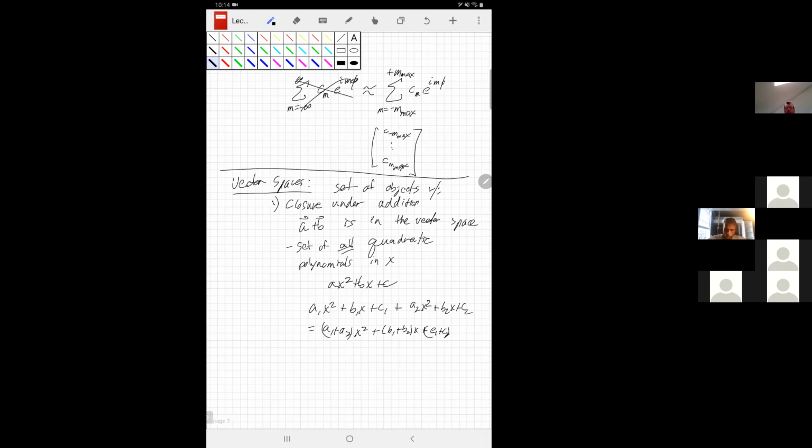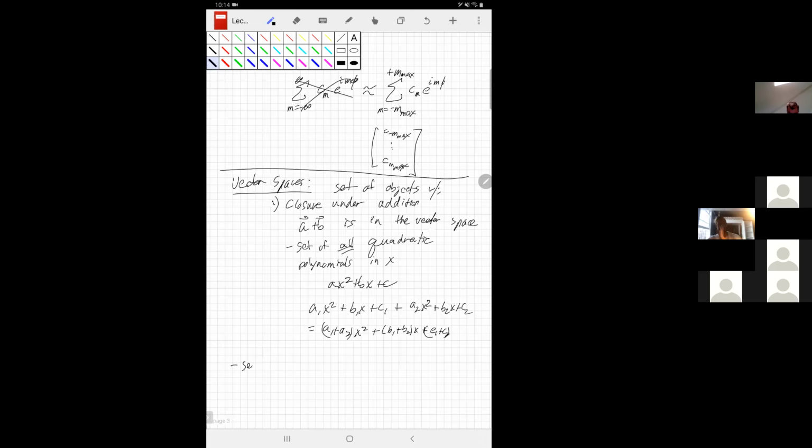Because it means that all the ideas that we develop in linear algebra can be used to describe things like this. They can be applied to polynomials. They could be applied to sums of sines and cosines.